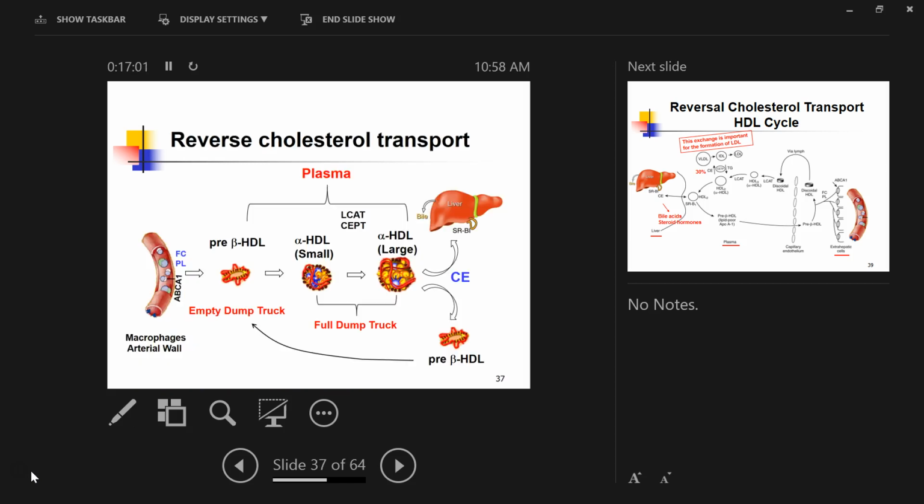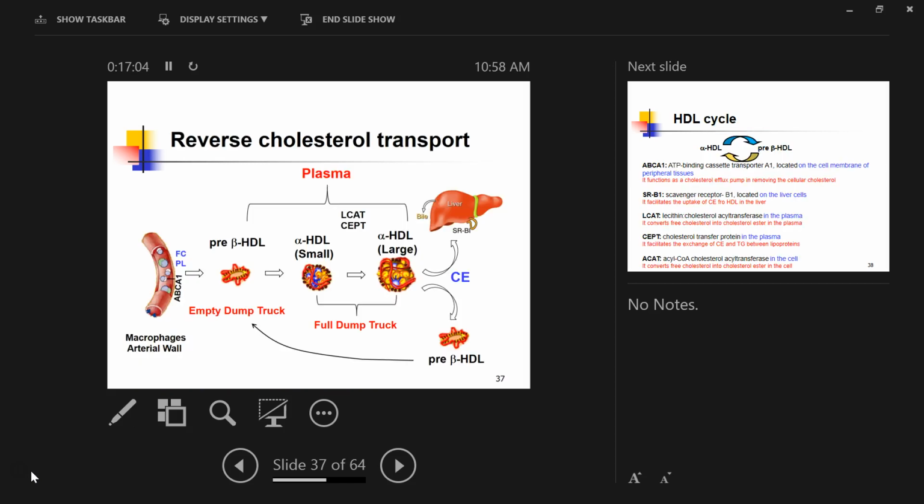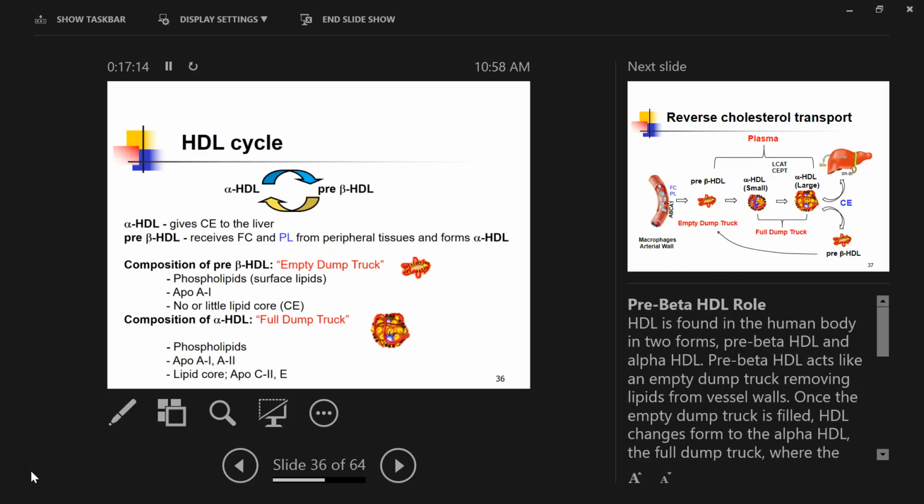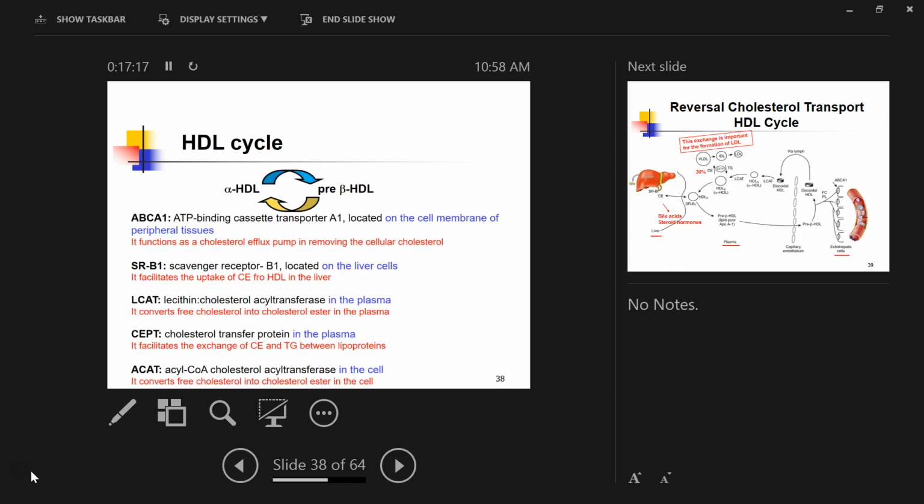If you go back to the last slide, see here, the surface of the peripheral cells has ABCA1. The function of this protein is to help transport lipids, free cholesterol or phospholipids, from peripheral cells to the beta HDL.